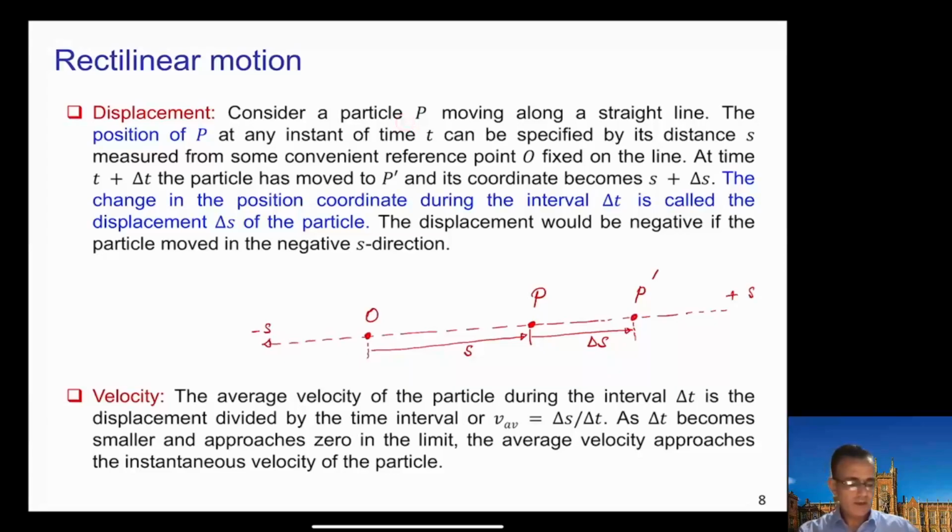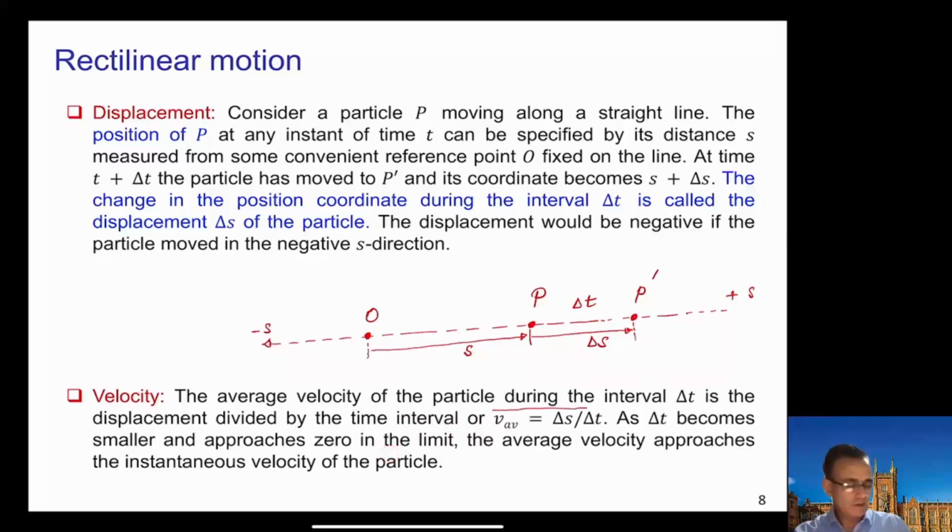Now we can define velocity. The average velocity of the particle during the interval delta t: we know the particle takes time delta t when it moves from point P to point P dash, and the displacement here is delta S. So the average velocity of the particle during the interval delta t is the displacement divided by the time interval, or this equation here.